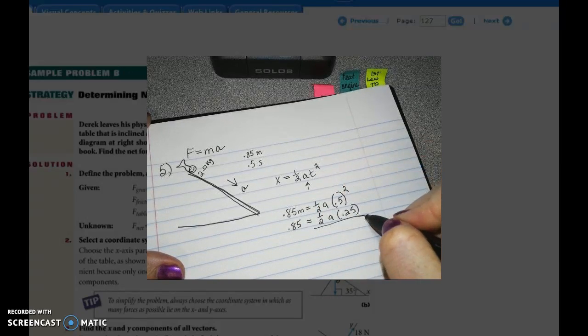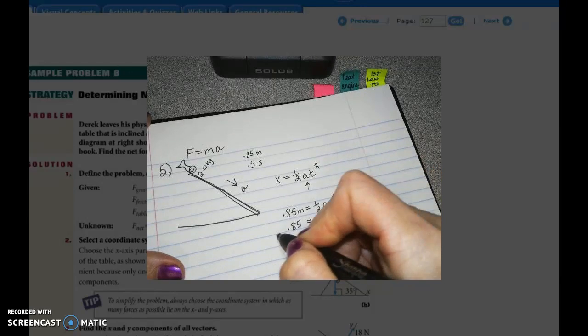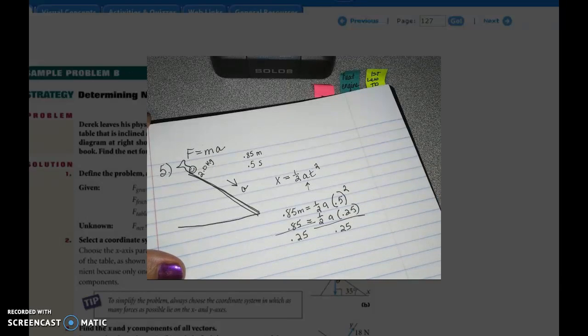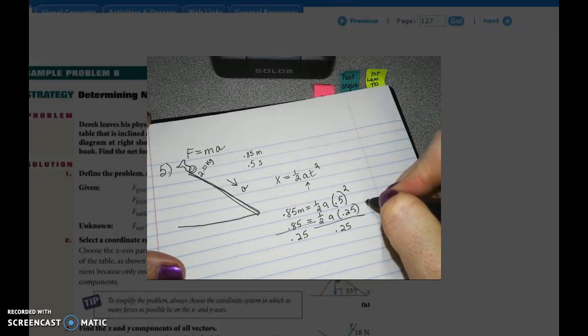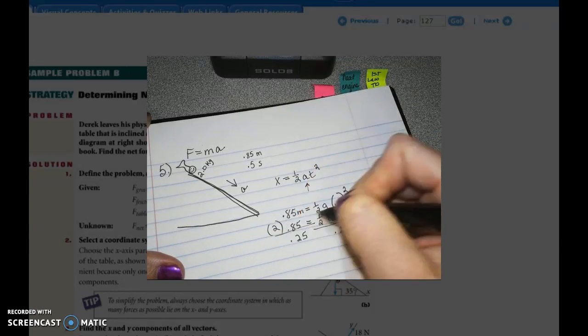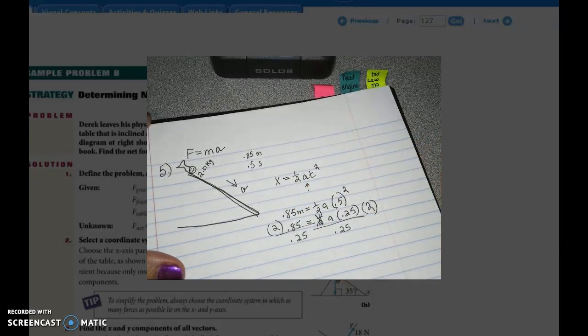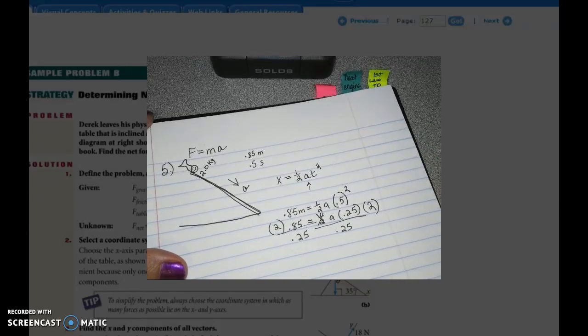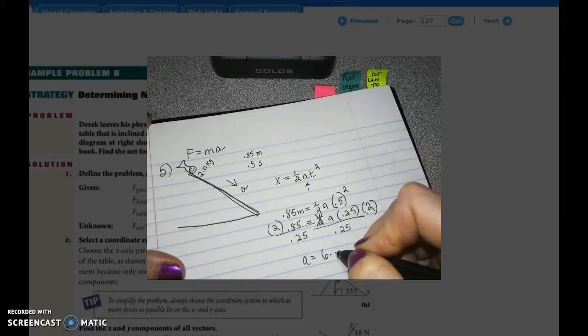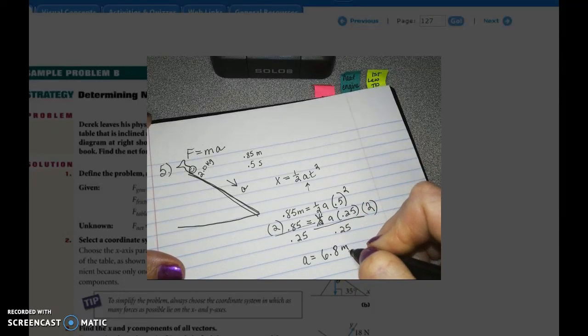I'm going to divide both sides by 0.25. And then I also multiply both sides times 2. That gets rid of this 1/2. Okay? So doing all of that gives me that acceleration is 6.8 meters per second squared.